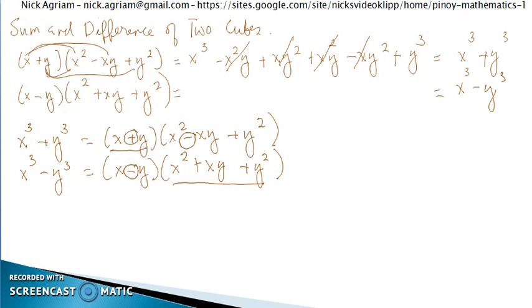Let's see if we can apply that to other sums and differences of two cubes. For example, you have 27a raised to 3 minus 64b raised to 3.